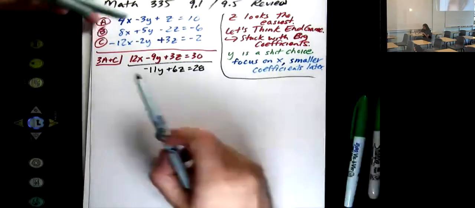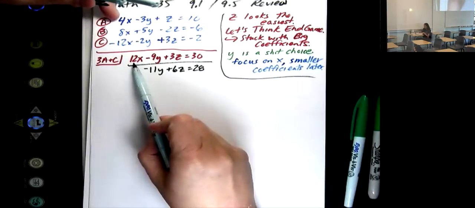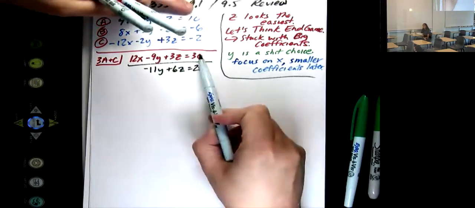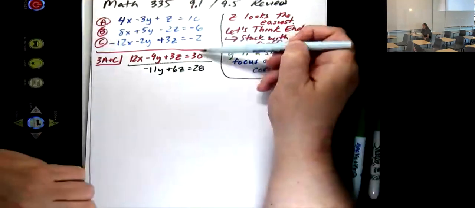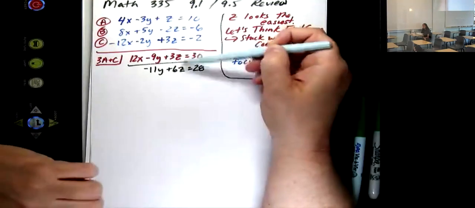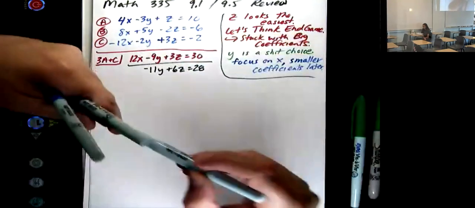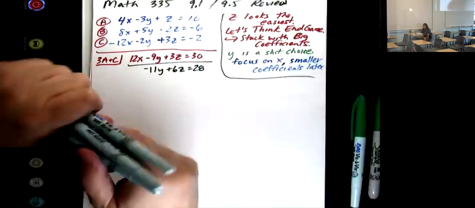Let's make sure I did that right. 3 times that is 12x, 3 times that is negative 9y, 3 times that is 3z, 3 times that is 30. If I add those two, I get 28, I get 6z, and I get negative 11y, and the x's cancel. Okay, that's excellent. That's what I want.